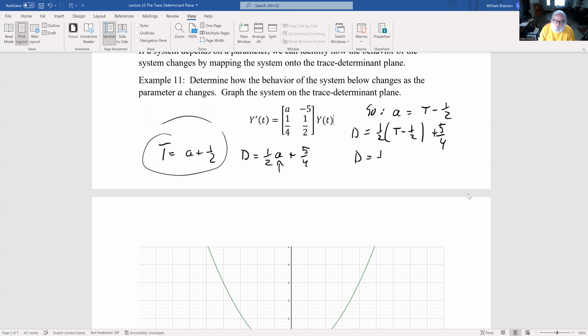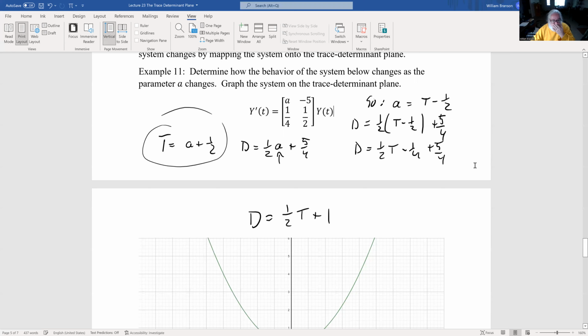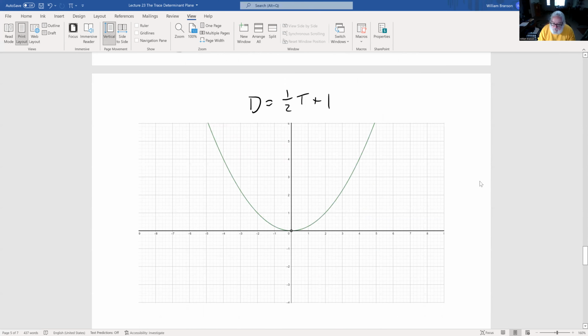And the determinant equals 1/2 t minus 1/4 plus 5/4, or finally d equals 1/2 t plus 1. Great. So, trace and determinant: determinant is playing the role of y, trace is playing the role of x. So this is a line of slope 1/2 that goes through the point 1.